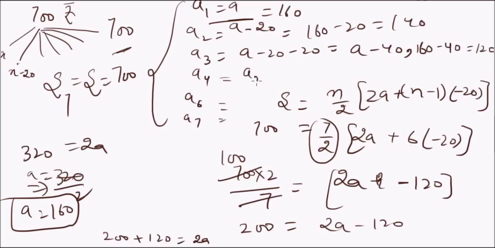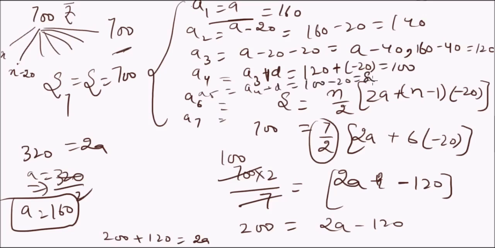Similarly, a4 will be a3 plus d, taking d as minus 20, that is 120 minus 20, which gives us 100. a5 will be a4 plus d, that is 100 minus 20, which will be 80. a6 will be a5 plus d, that is 80 minus 20, which will be 60, and a7 similarly will be 40.